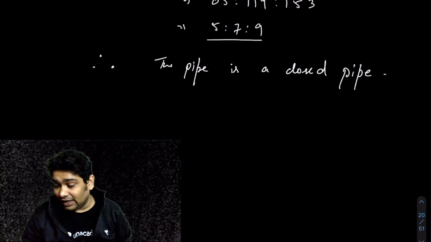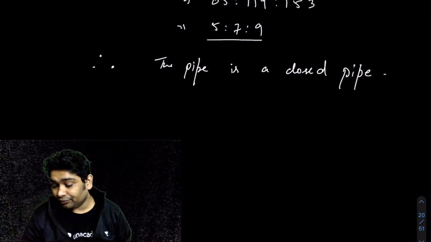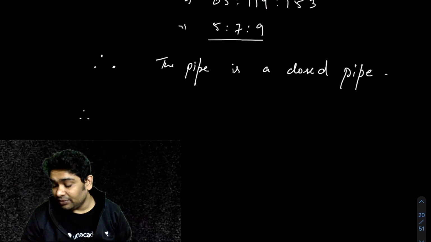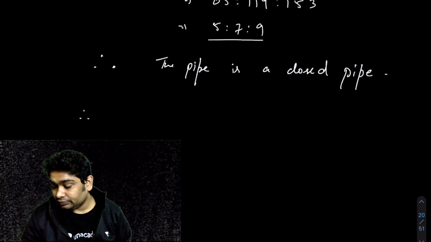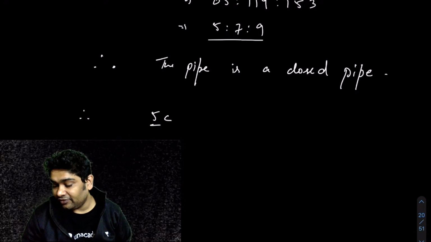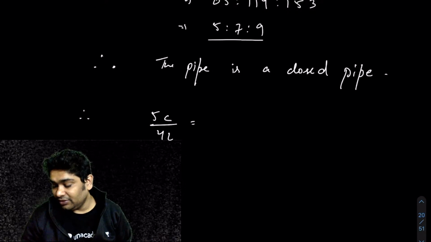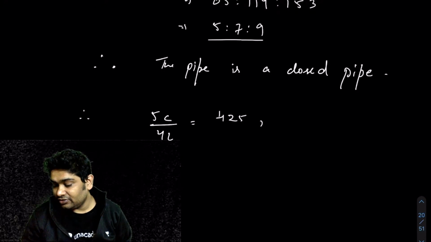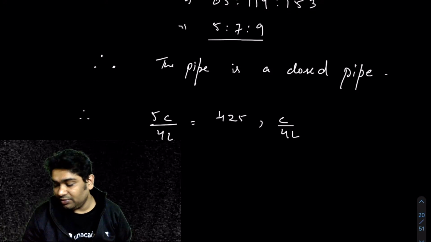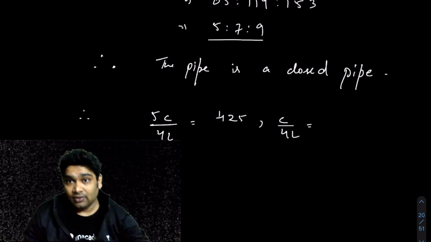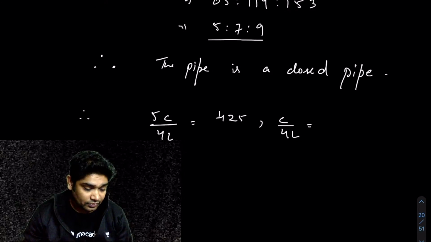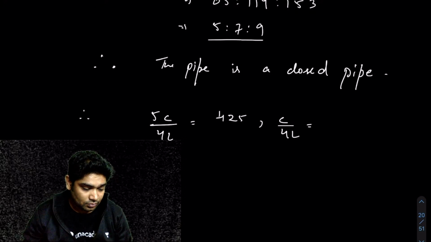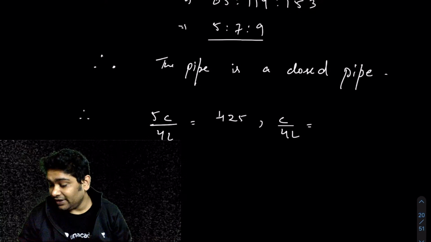Now, once you know that, therefore 5C by 4L would be equal to 425. So C by 4L would be 1/5 of this. So this will be 85 hertz.